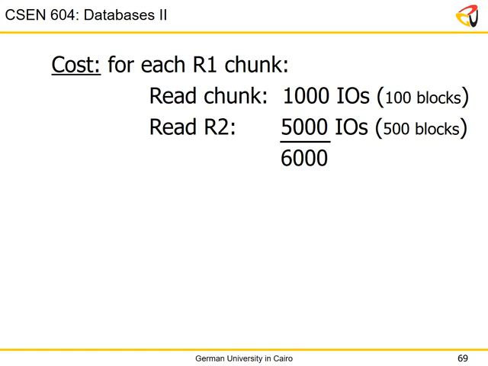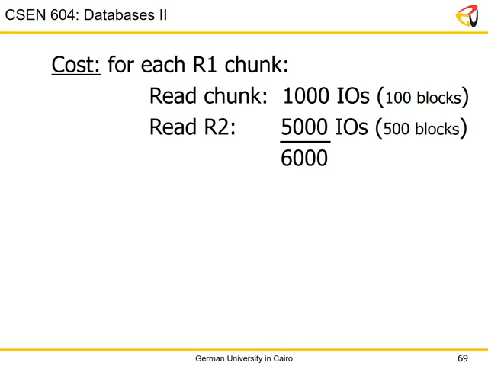So I am going to spend 1000 IOs to read 1000 rows from R1 and put them permanently in memory until I don't need them anymore. And then I'm going to read all of R2 row by row, spending 1 IO for every row, and since R2 has 5000 rows, I will spend 5000 IOs. So in total I will spend 6000 IOs.